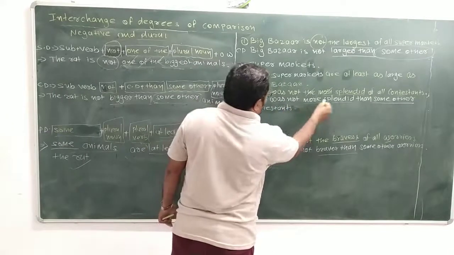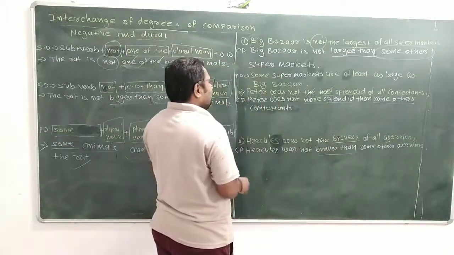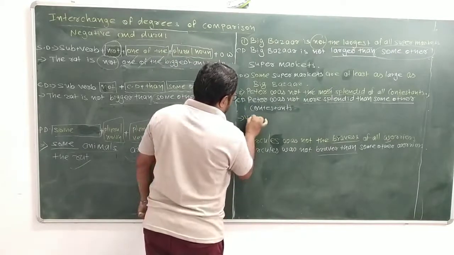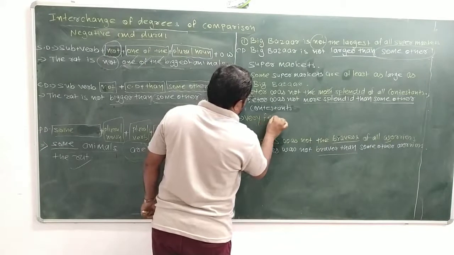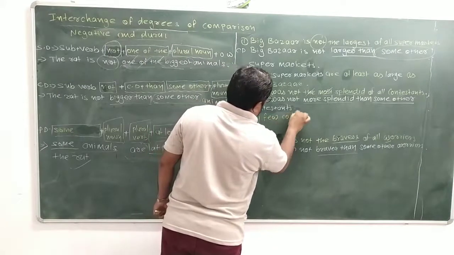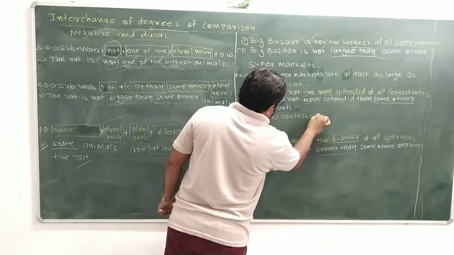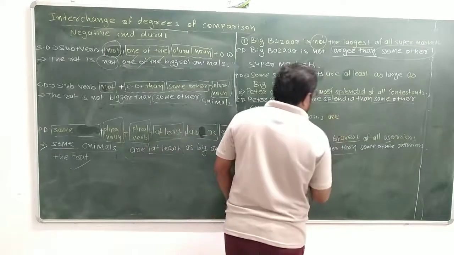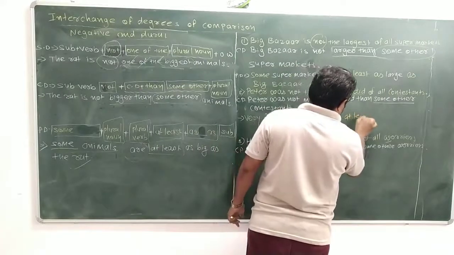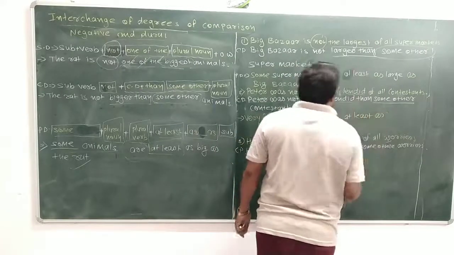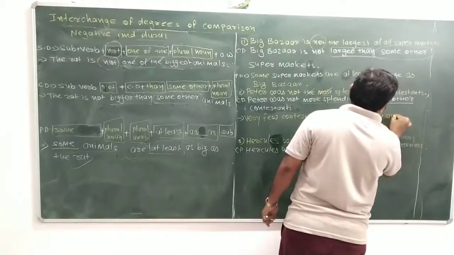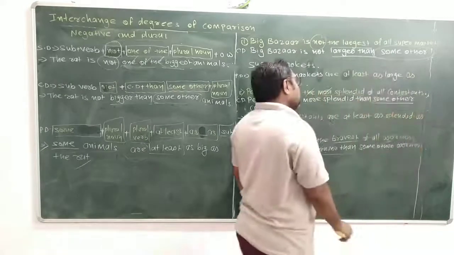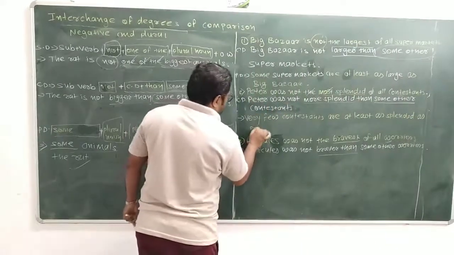Next, Peter was not the most splendid of all contestants. Peter was not more splendid than some other contestants. So very few contestants are at least as splendid as Peter.